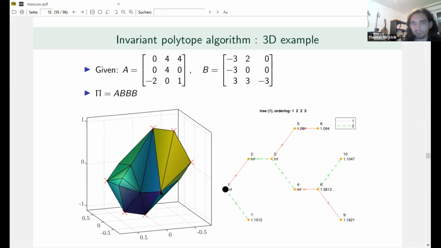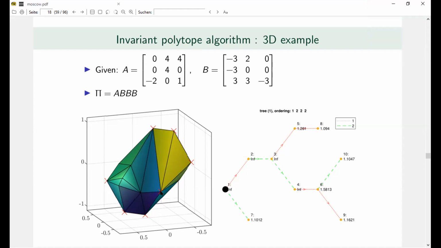But usually in dimension 20, for examples where I have 2 matrices with the same spectral radius, the invariant polytope has around 4,000 vertices, which is surprisingly small for this dimension.